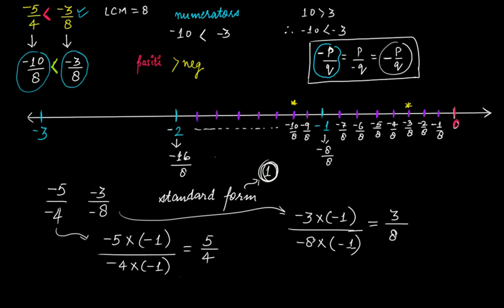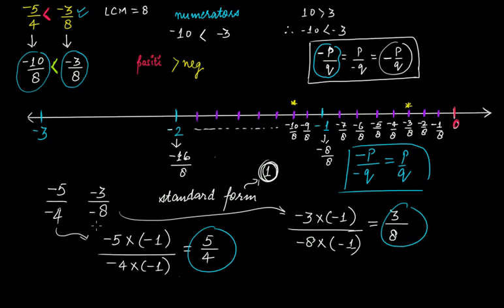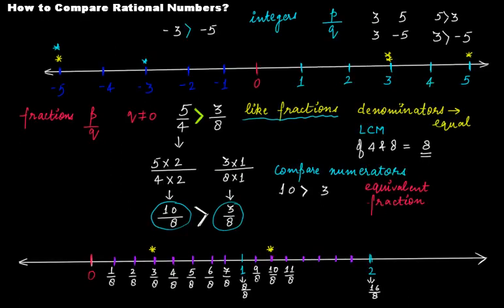Now you have two numbers, 5 over 4 and 3 over 8. We have discussed this point also, that if your number is of the form minus p over minus q, then this number is actually nothing else but p over q. And we just proved it here. So now you have to compare 5 over 4 and 3 over 8. It's the same as what we have done here.